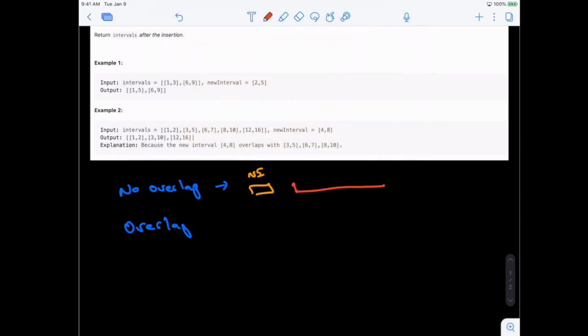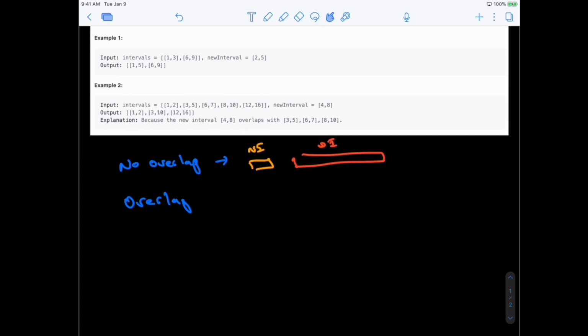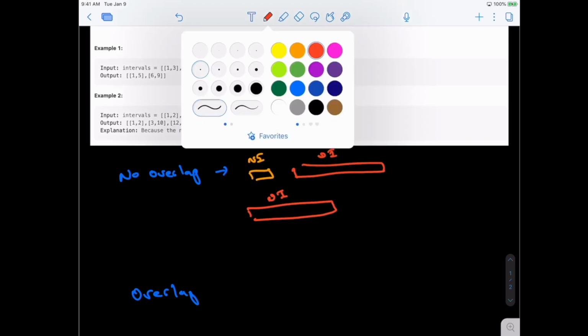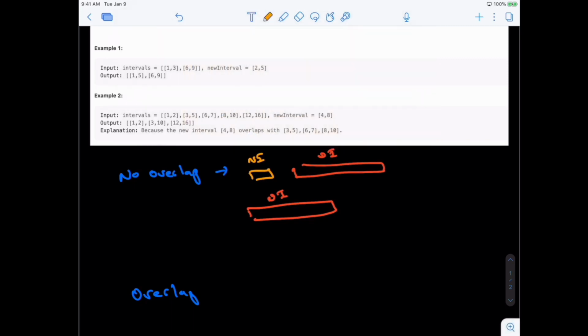So let's say this is our other intervals. The other case is it can be to the right of all the other intervals. So let me just move this down. So the other case is we can have all the other intervals here and have our new interval to the right.